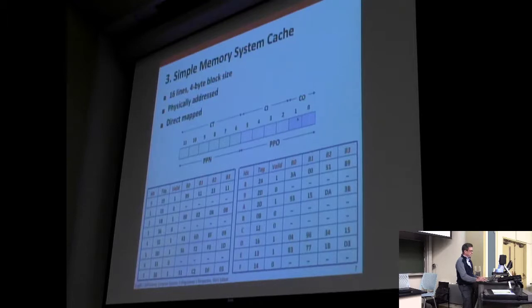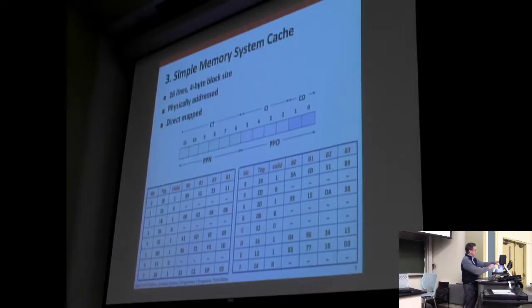So with a 4-byte block size, we need 2 offset bits for the cache. 16 sets means we need 4 cache index bits, and then the remaining bits are for the tags. Now, it's just an accident in the way that I defined this system that the cache tags are exactly the same as the physical page number. So this is just a coincidence. It isn't necessarily that way.